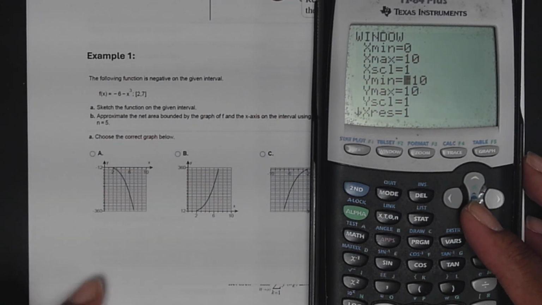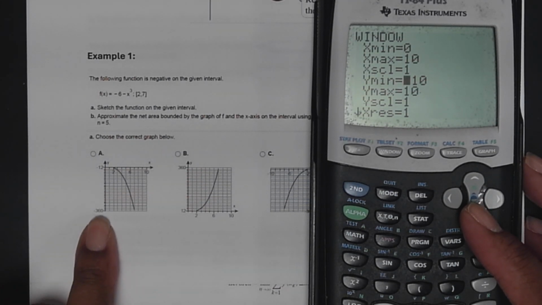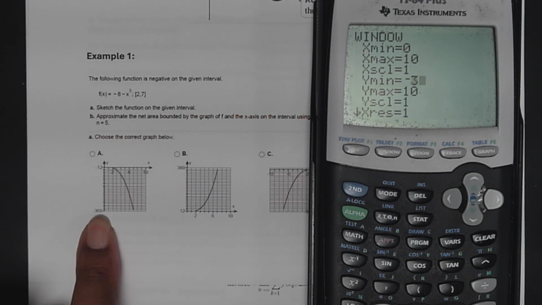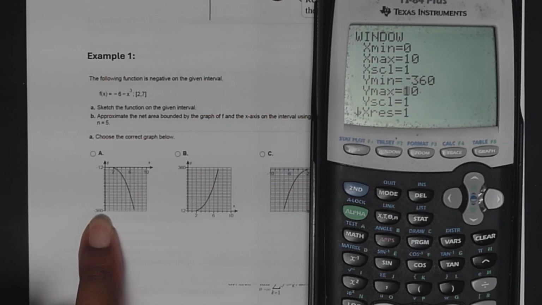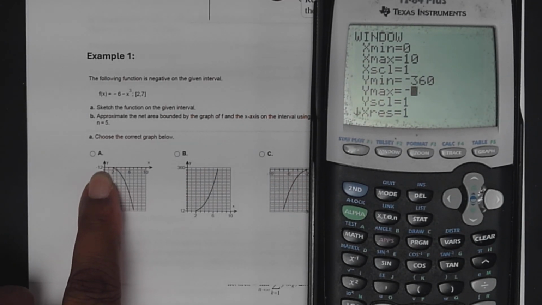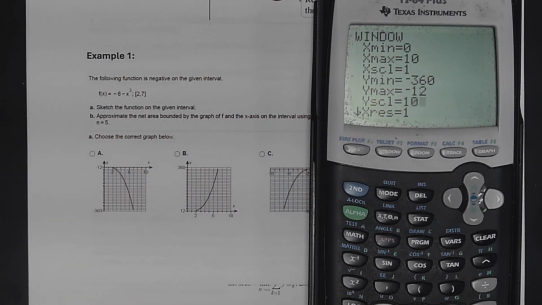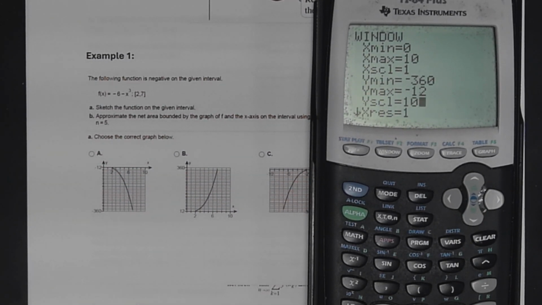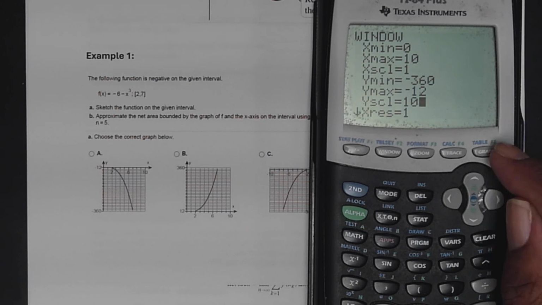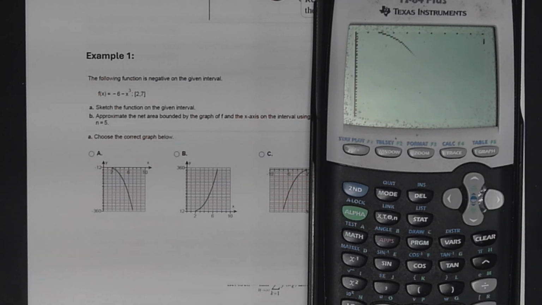But for the y-min, let's try negative 360. And then y-max will be up to negative 12. And I'm going to say the y scale will be in increments of 10, and then press graph and see what happens. Well, pretty much you can see what's going on.